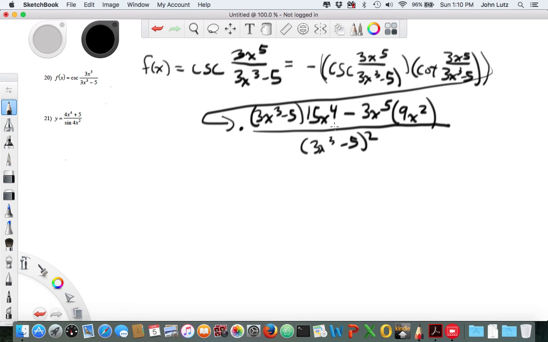Now, you're actually done once you do that. But that might not be the answer that you see if this is a multiple choice question instead of a constructed response. So one of the things we can do is multiply the 3x to the fifth times 9x squared, and multiply the 15x to the fourth into this.